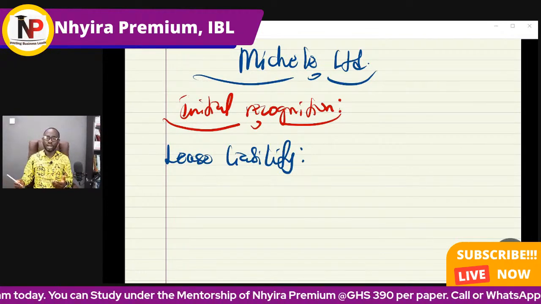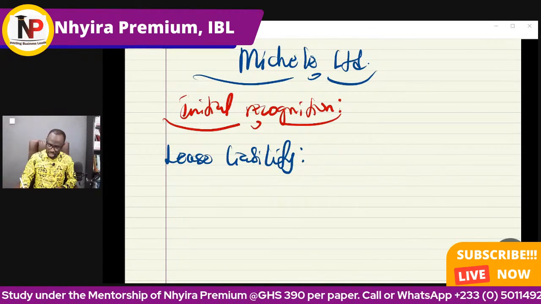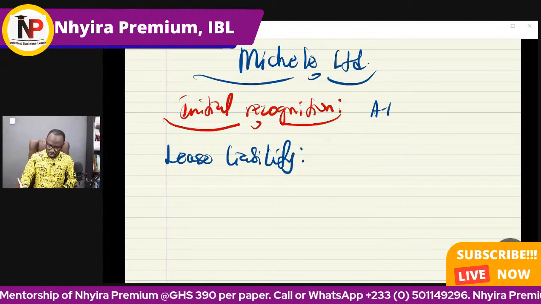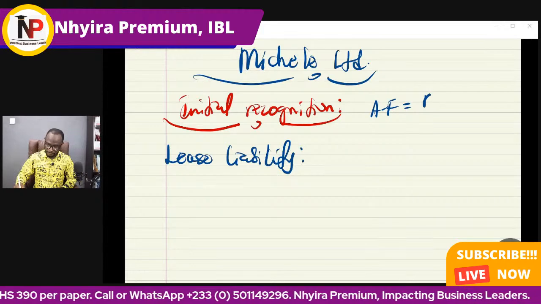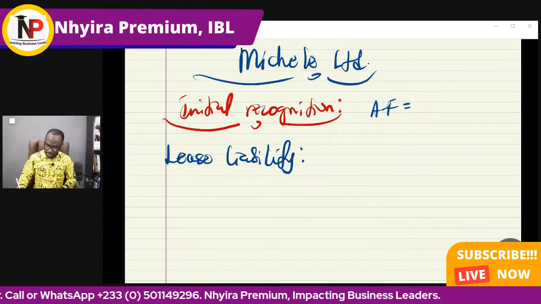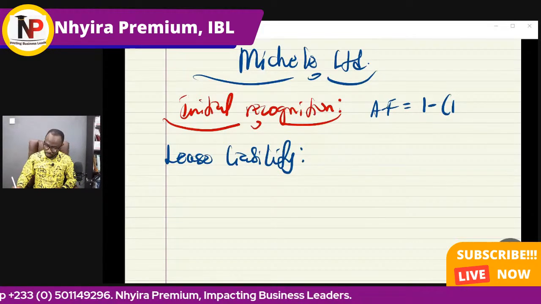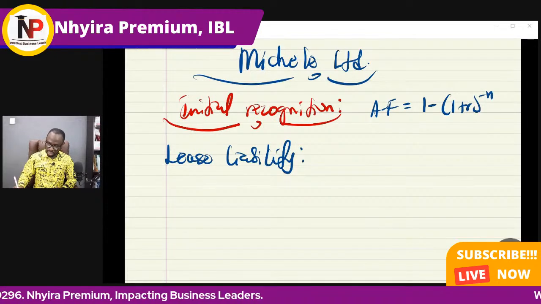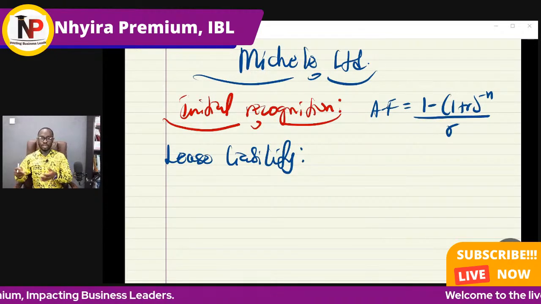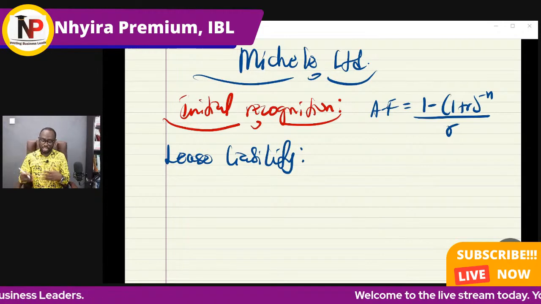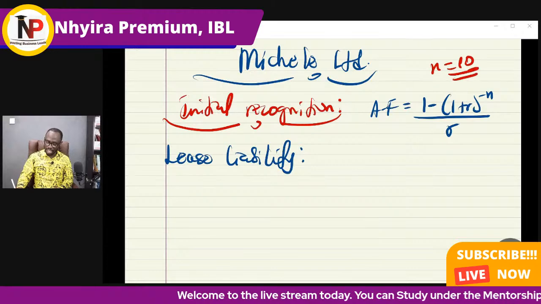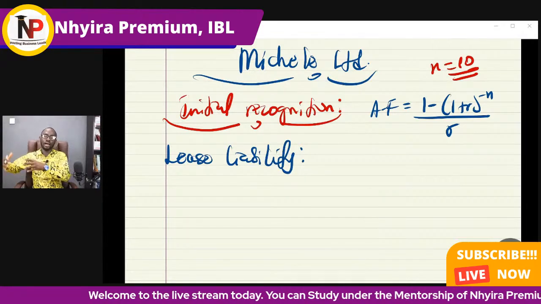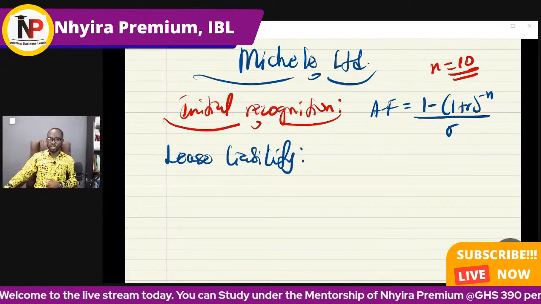So assuming we're calculating our annuity factor, that is 1 minus (1 plus r) exponent negative n, over r. Assuming we're doing the calculation, in this case we won't do it though, but the n will still be 10 here. Why? Because payments are made at the end of the year.